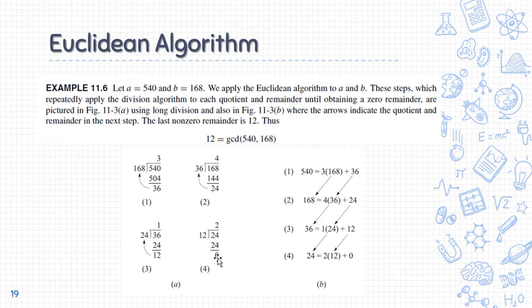Now, unsa man ninyo pagpangita sa GCD, amo sa paghuman ani nga process. Ang pinaka-last nga remainder wherein dili siya 0, mao na siya ang GCD. As you can see, ang pinaka-last nga remainder is 0 man, kaya niundang naman siya.